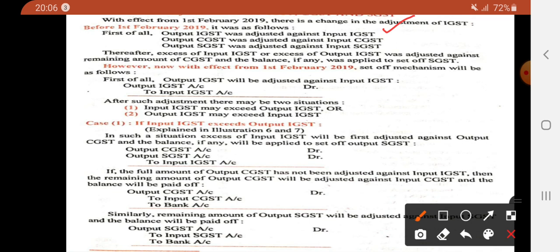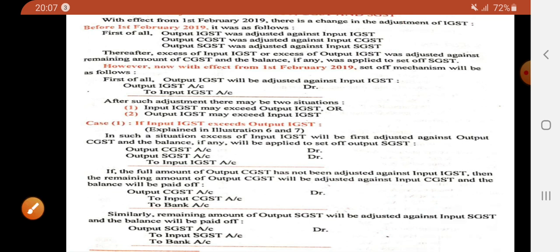Output CGST was adjusted against input CGST. Output SGST was adjusted against input SGST. So here IGST was separately adjusted with IGST, output with input, output CGST was separately adjusted with input CGST, and output SGST was separately adjusted with input SGST.